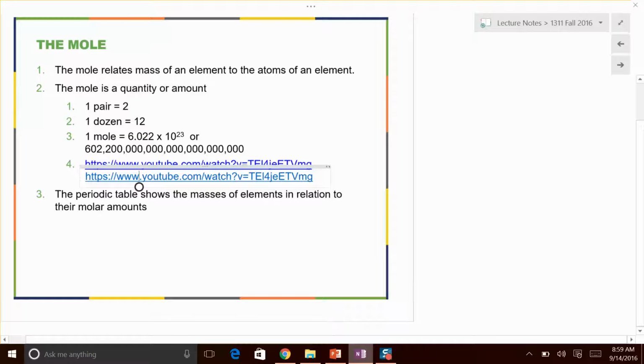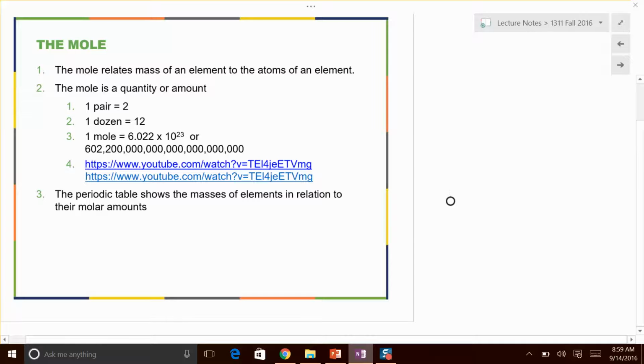Okay, so when we look at the periodic table, we see that the elements have their masses, right? And these masses relate to the mole. Sodium has a mass of 22.98977 grams per mole of it.